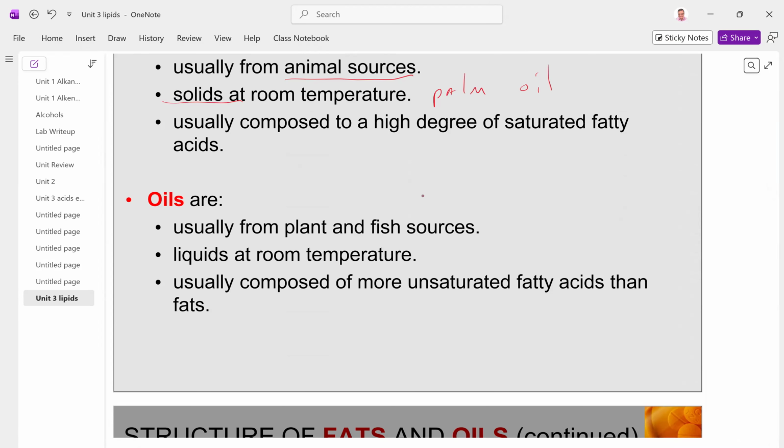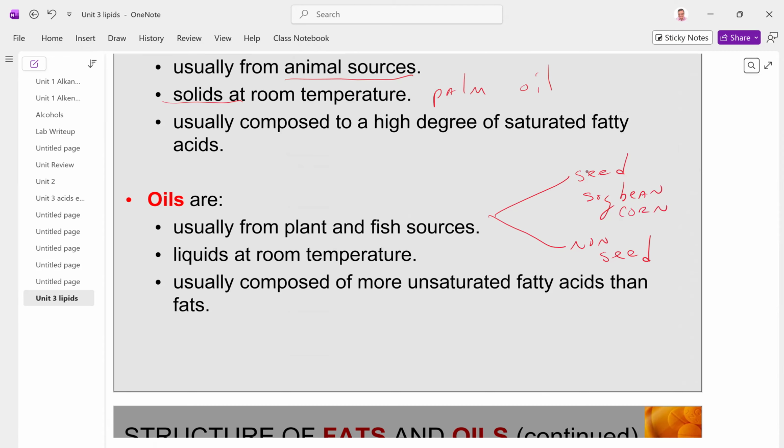And I specify seed versus non-seed vegetable oils. There's two kinds. A seed oil would be like canola, corn oil. Seed oils would be like soybean, canola, corn.